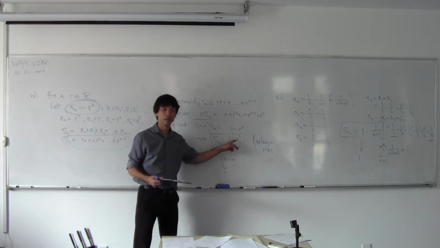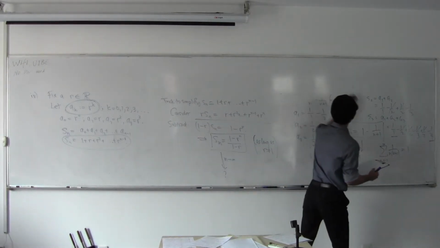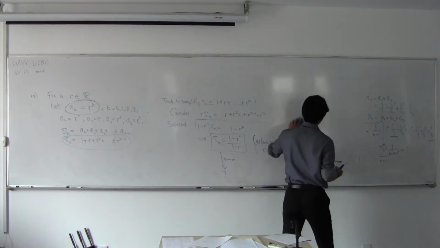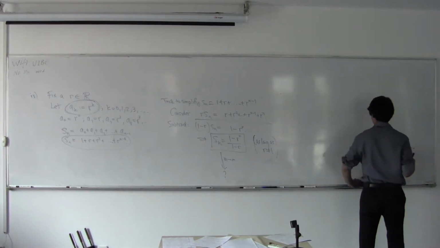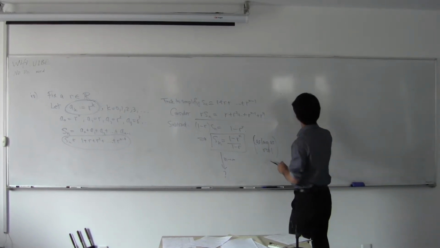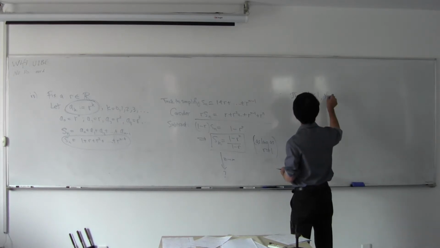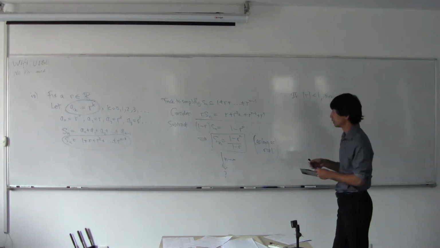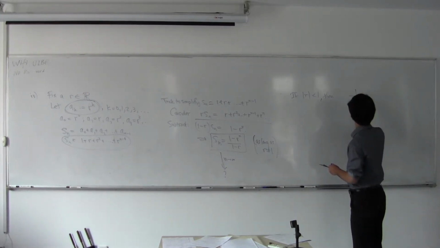It depends on r. If r is small, so if the absolute value of r is smaller than 1, then what's going to happen? It turns into 1 over 1 minus r.